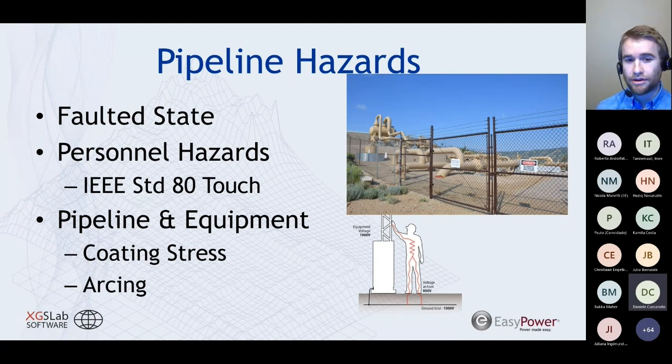And you can actually have direct arcing in instances where you may have some exposed metal of that pipeline, kind of referring back to the previous discussion about the ionization of the soil, and it depends on the proximity of that transmission line to the pipeline.